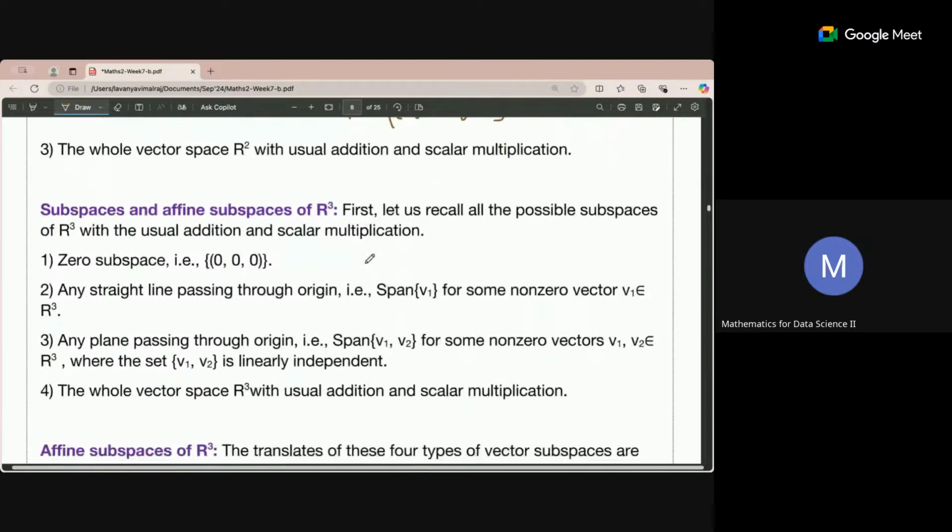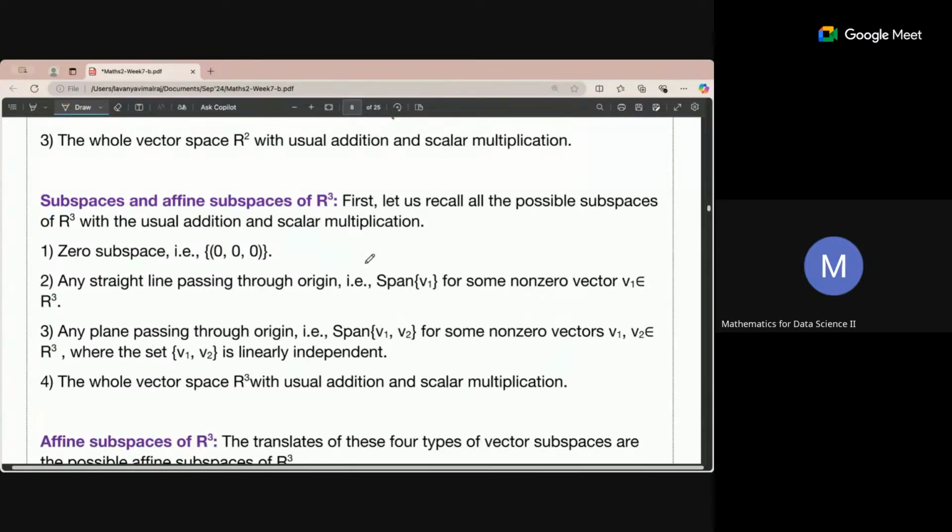Same way, let us look at the subspaces and affine subspaces of R3. You know that the zero subspace is a subspace of R3, and then any line passing through origin, which is spanned by only one non-zero vector, and any plane passing through origin which is spanned by two non-zero linearly independent vectors, and then the whole R3. These are all the possible subspaces in R3.